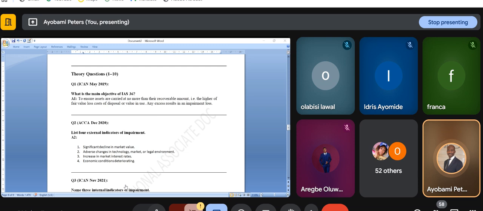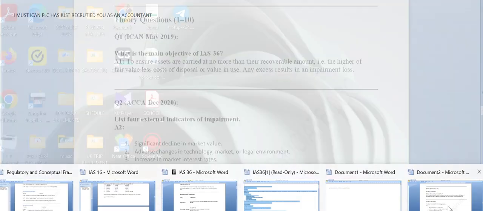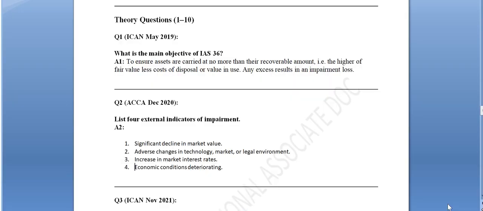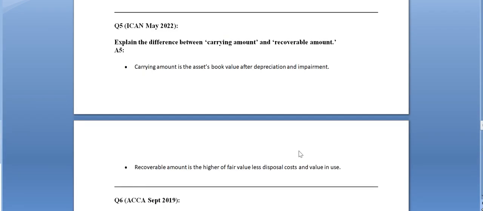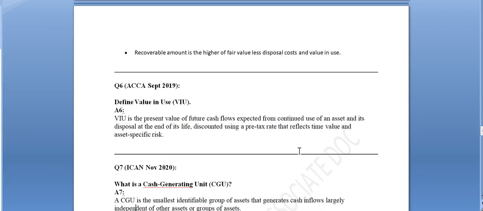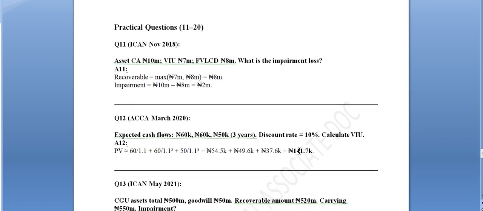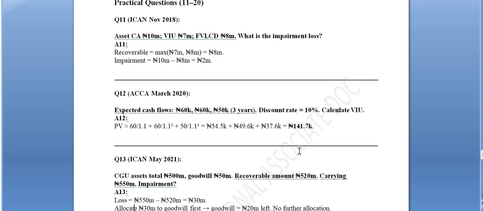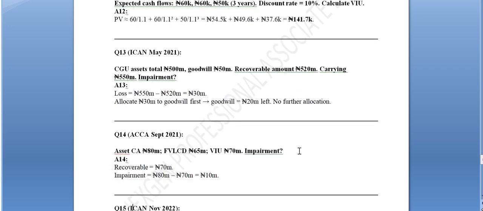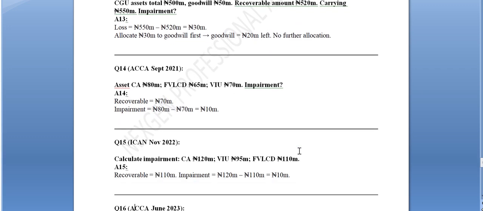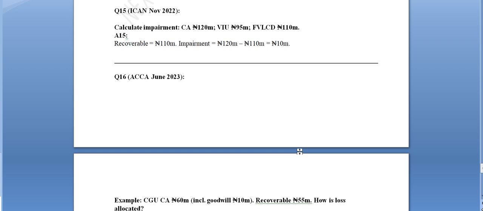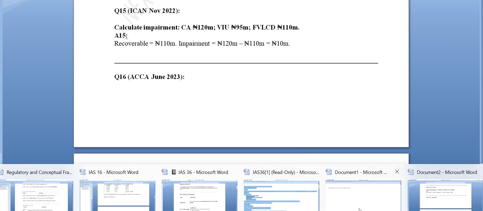So it's not that I don't have all those past questions. They are meant for those who buy the materials, though. But let's look at a complex question. I've actually looked at all the past ICAN questions and there is nothing. So let's just set our questions and then we move. Let me make it complex.